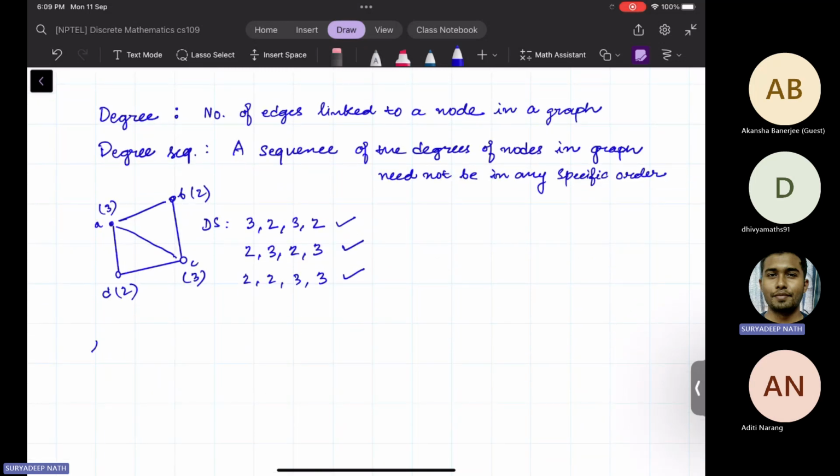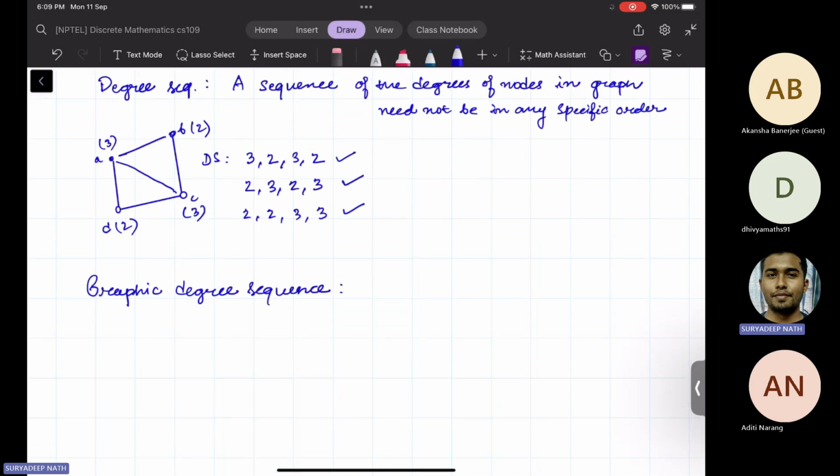A graphic degree sequence is a special type of sequence where, given the degree sequence, it is possible to construct a graph from the sequence.